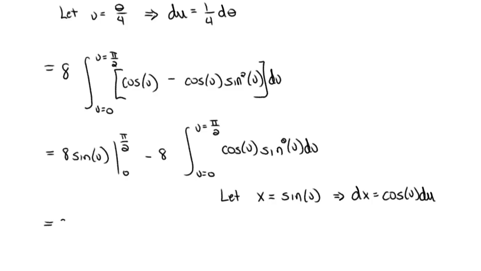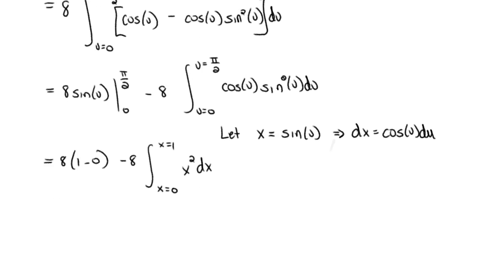So let's see, this is 8 times sine of pi over 2, which is 1, minus sine of 0, which is 0, minus 8 times the integral. When u is equal to 0, x is equal to 0. When u is equal to pi over 2, x is equal to 1. And let's see, x squared dx, that's it.